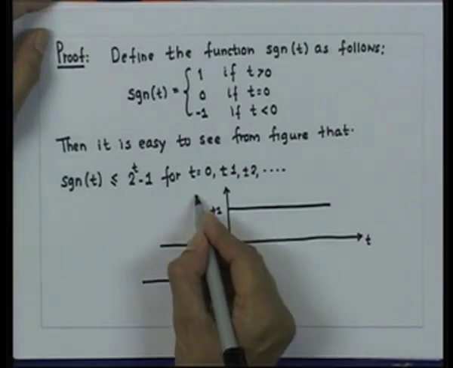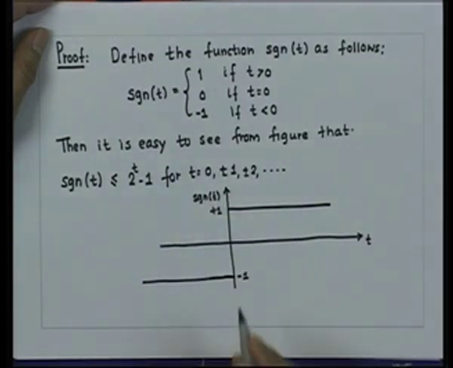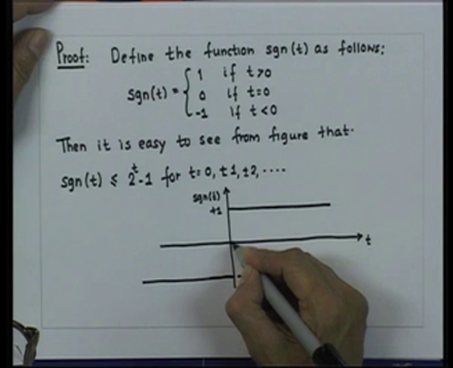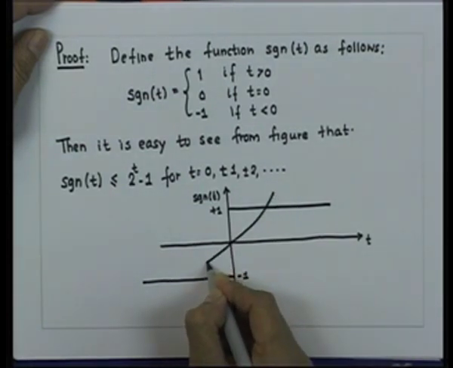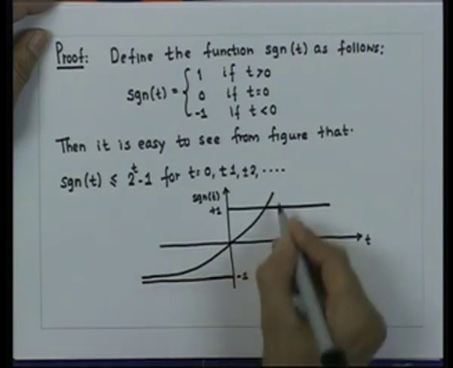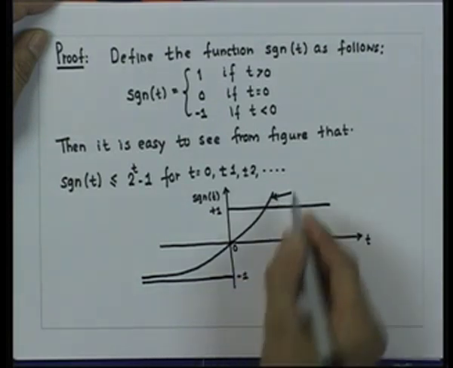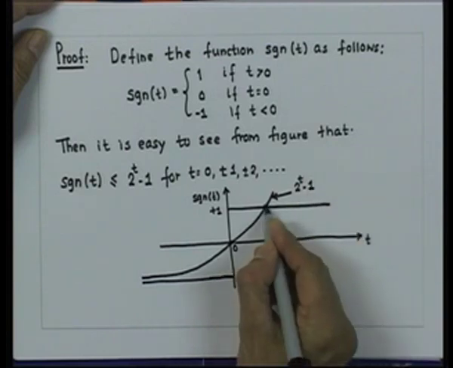So, this is my signum t, and this function is 2 raised to t minus 1.